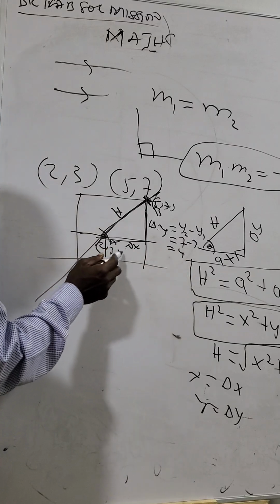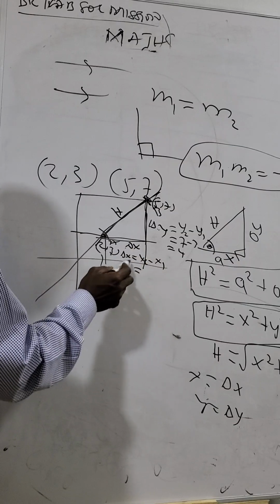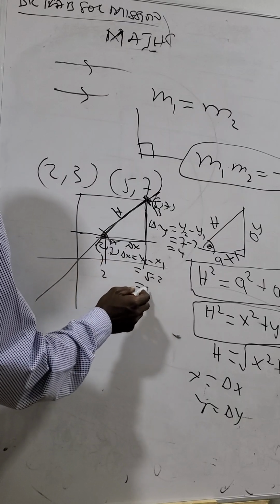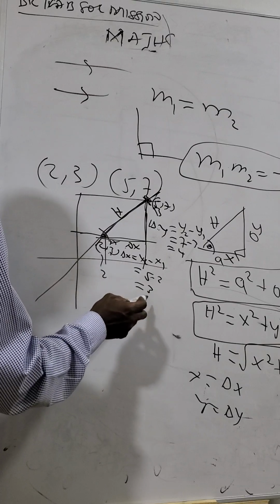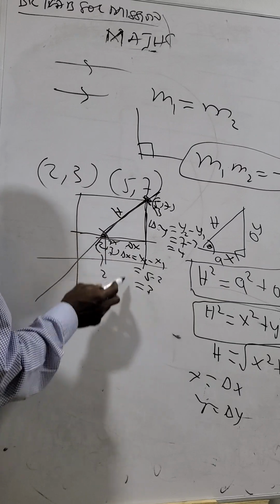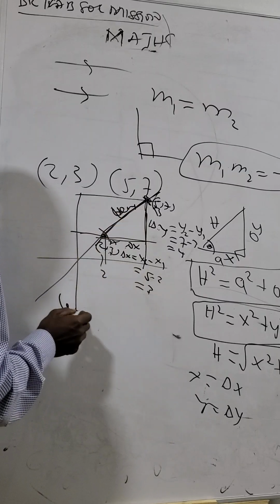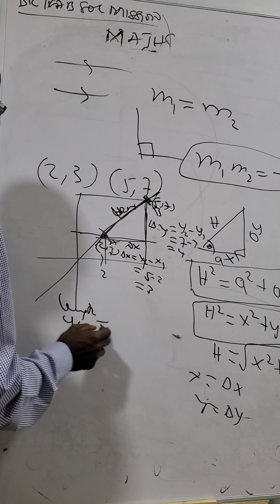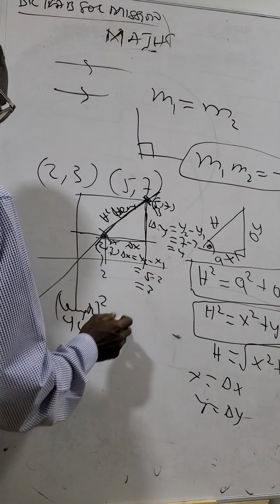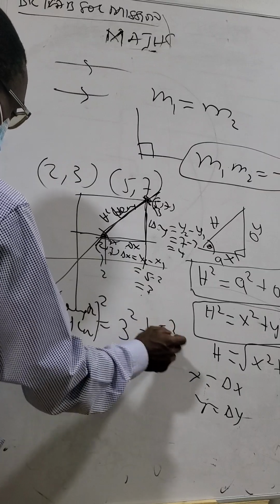Now the change in x is equal to x2 minus x1, which is 5 minus 2, and that gives us 3. So the change in y is 4, the change in x is 3. That means the hypotenuse, or the length of the line, h squared, is equal to our 3, which is x squared, plus our y, which is 4 squared.